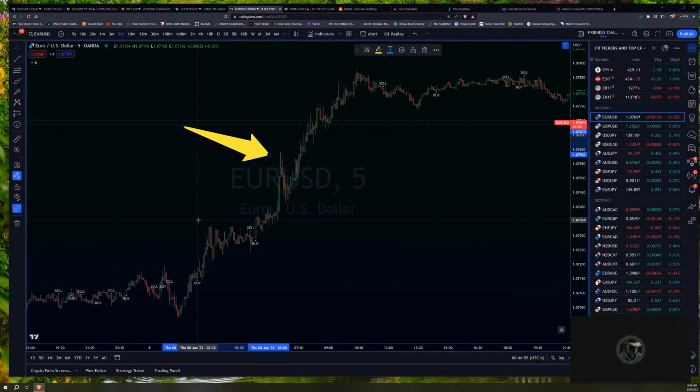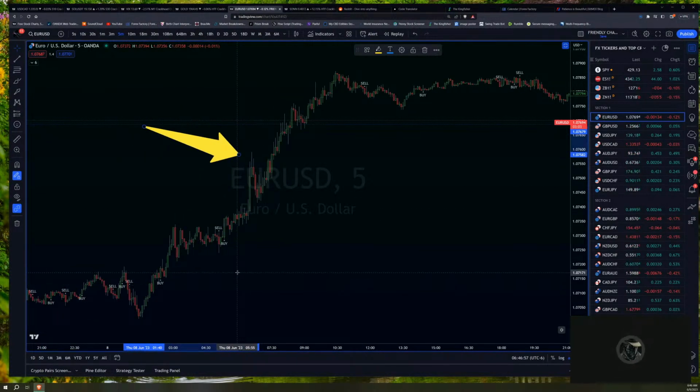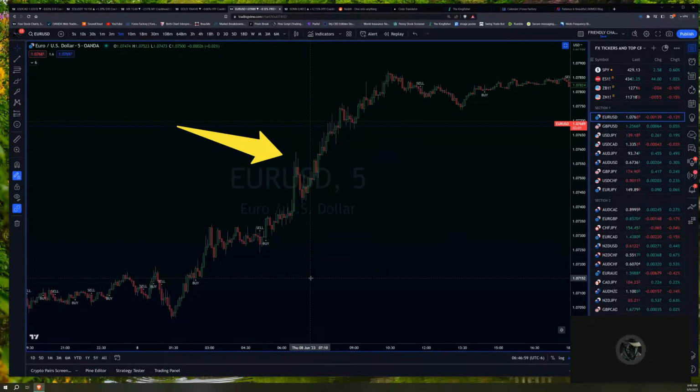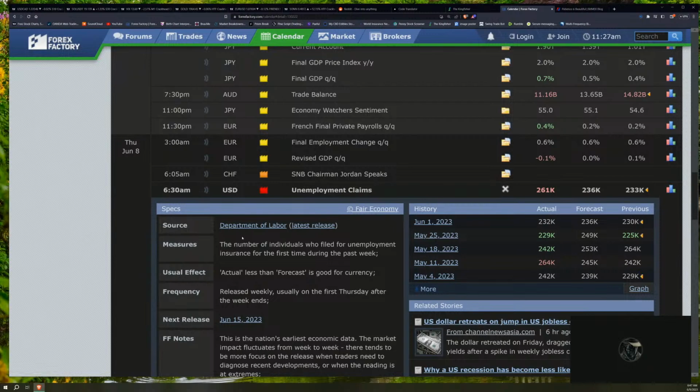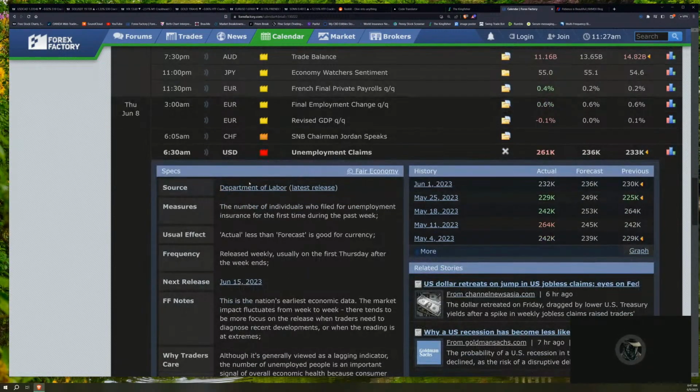It wasn't a huge effect overall. I think it was either priced in, or one thing about the news yesterday was that it was an unemployment number. The unemployment claims were higher than normal. On Forex Factory, if you click right here, where it says all the data on this folder, it'll tell you that actual less than forecast is good for currency, right?